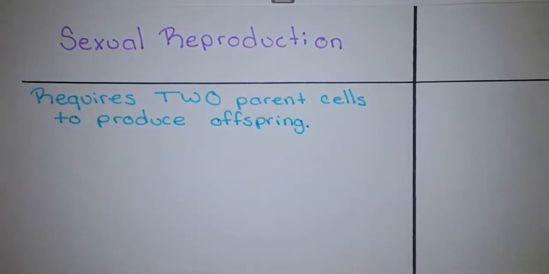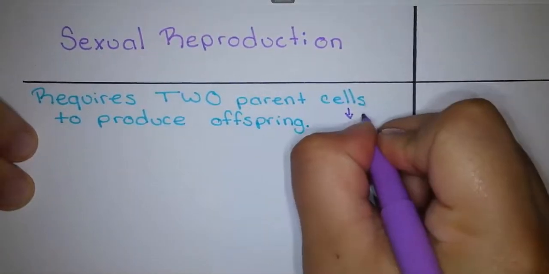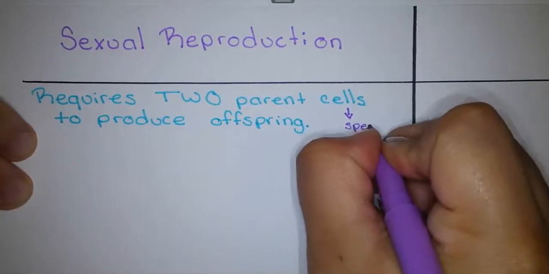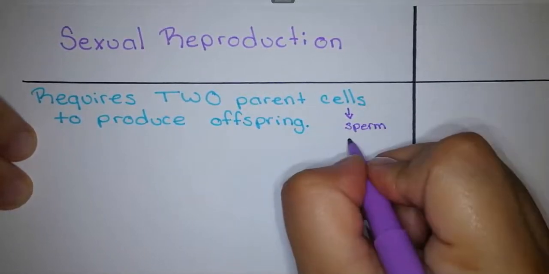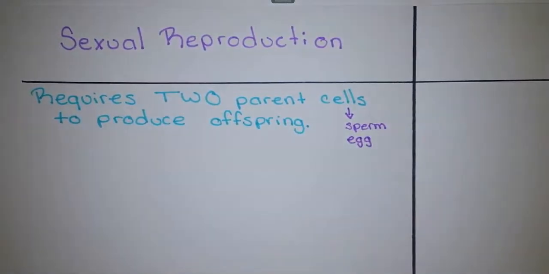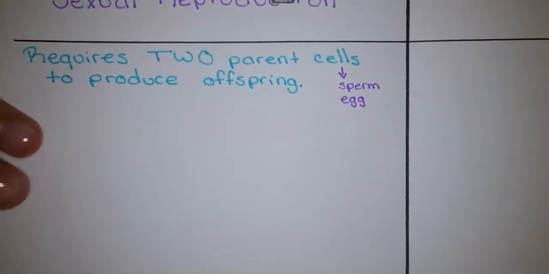And the two parent cells that we're talking about are the sperm and our egg. Okay, a sperm and an egg. So it requires two parent cells to produce an offspring.